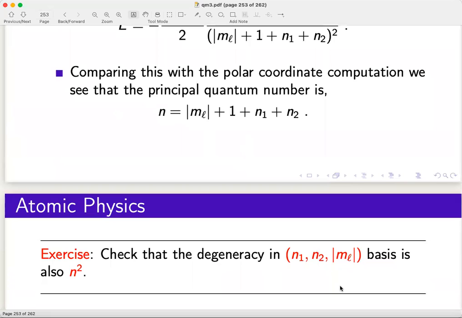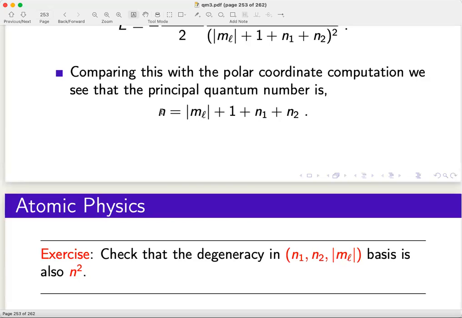So what you need to check in this exercise is that the spherical polar problem would have had the principal quantum number, and that would have determined the degeneracy of the state, and the degeneracy was equal to n squared. It is really 2n squared, because the factor of 2 came from the 2 spin degrees of freedom. But if you temporarily ignore the spin degrees of freedom, then the degeneracy was just n squared.